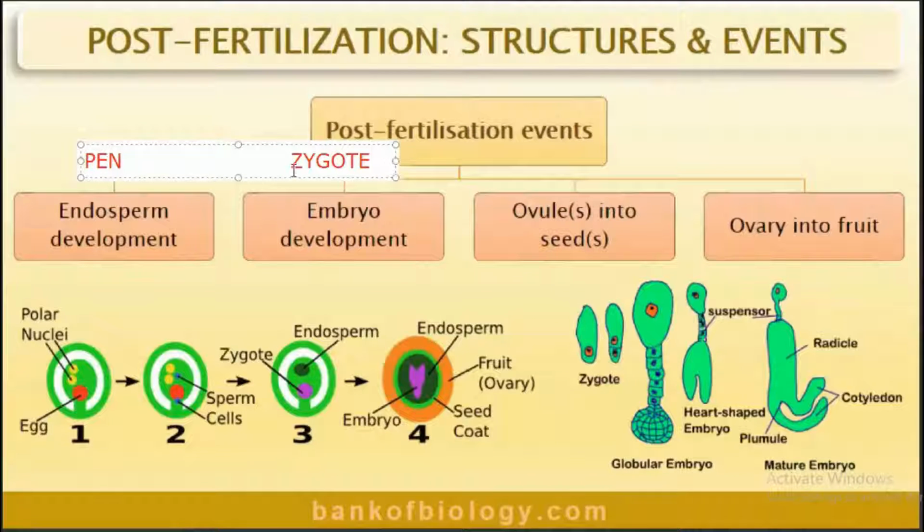Zygote gives rise to embryo. So these are the post-fertilization events. Ovules give rise to seeds and ovary develops into fruit. From your examination point of view, these are very important, so please copy down.